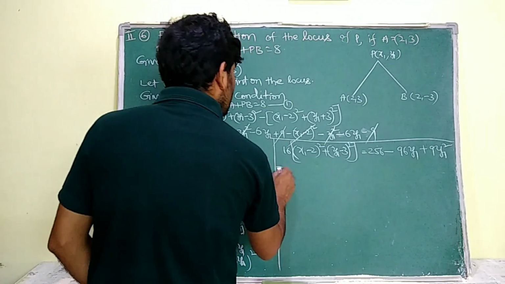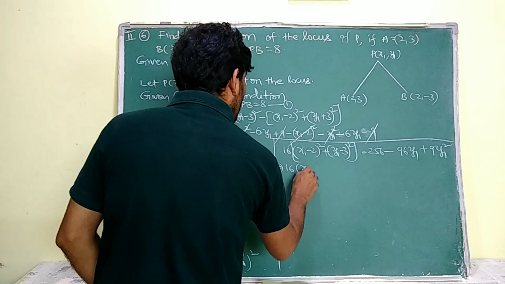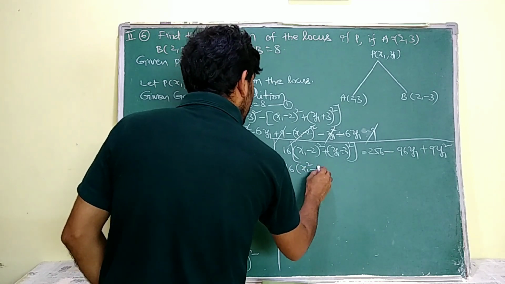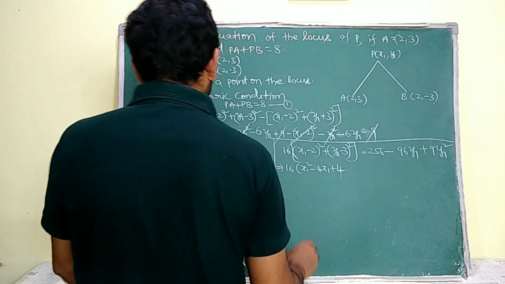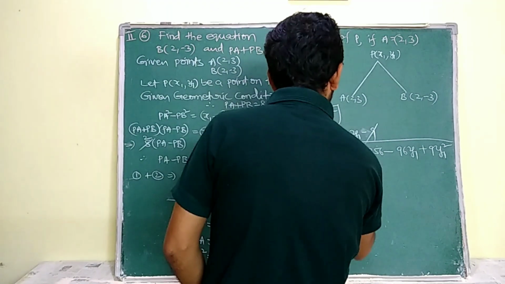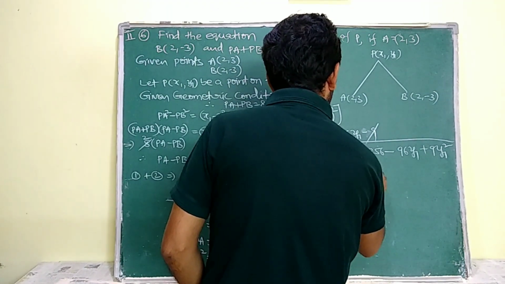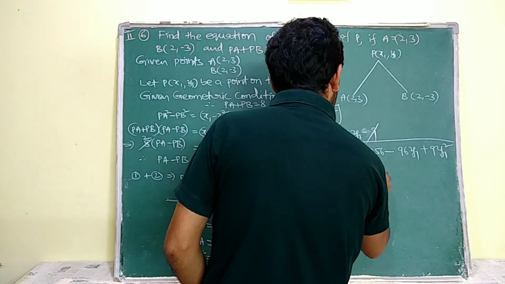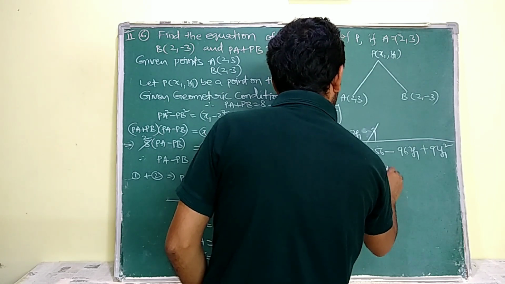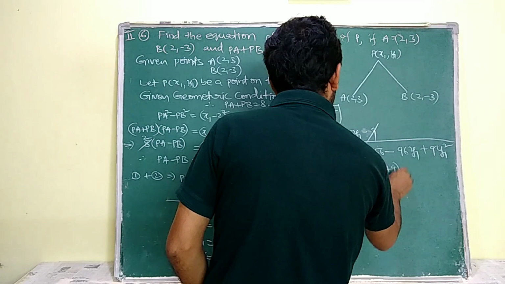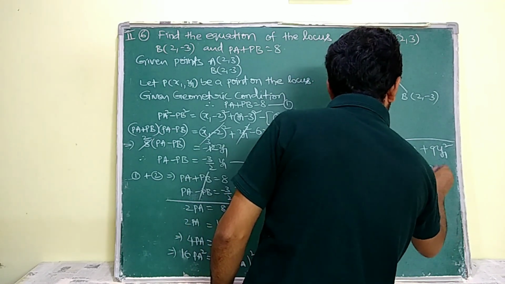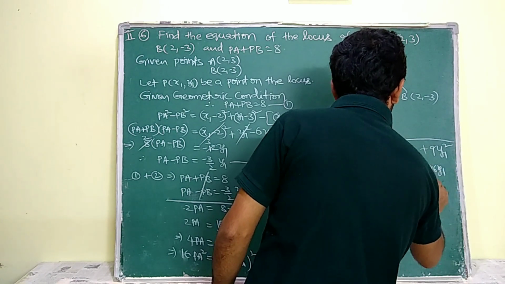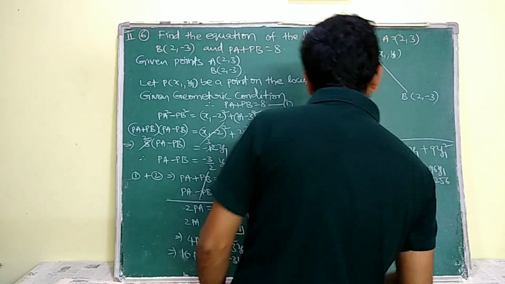Now 16 into x1 square minus 4x1 plus 4 plus y1 square minus 6y1 plus 9 is equal to 9y1 square minus 96y1 plus 256.